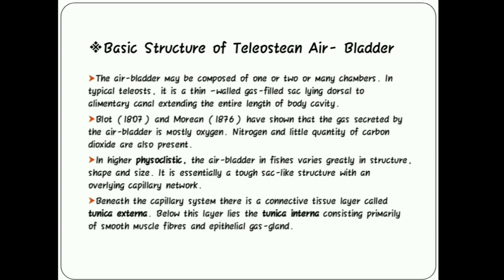Now we have discussed in the figure that the anterior chamber is made up of two connective layers, tunica externa and tunica interna, covered by capillary networks. Beneath the capillary system there is a layer called the tunica externa, and below this layer is the tunica interna, which is made up of smooth muscle fibers and epithelial gas glands.